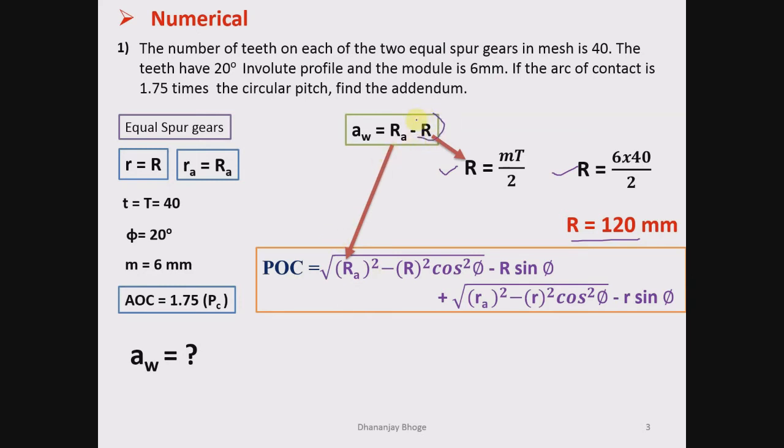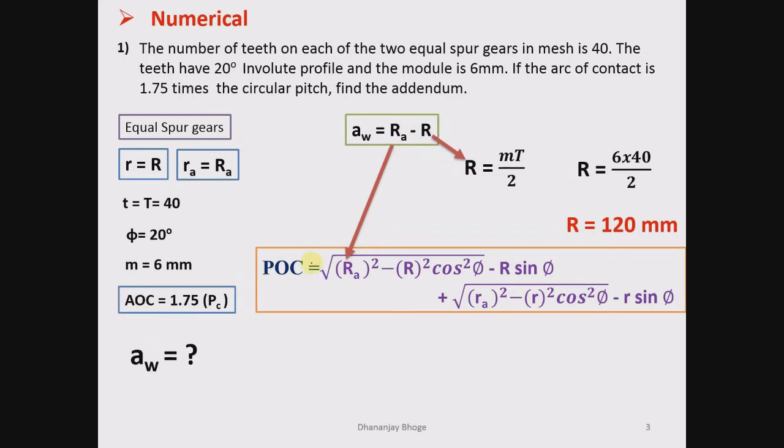We have determined R. Now we want to find RA. For RA, I have chosen this equation because arc of contact is given to us. From arc of contact, we can determine path of contact. Once we get the value of path of contact, we can find RA from this equation. Okay, this is the logic.